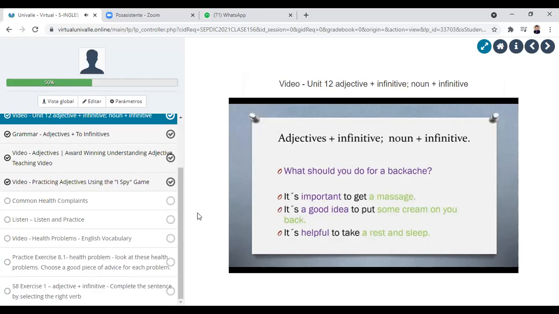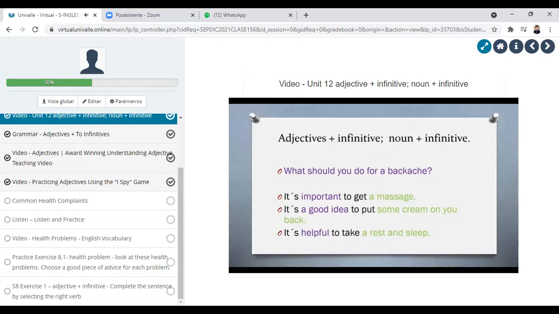The next thing that we have to know is that we have to use an adjective. For example, in this case, the adjective is important. After the adjective, we are going to use the infinitive. Remember that the infinitive is when we add to the verb in the base form.